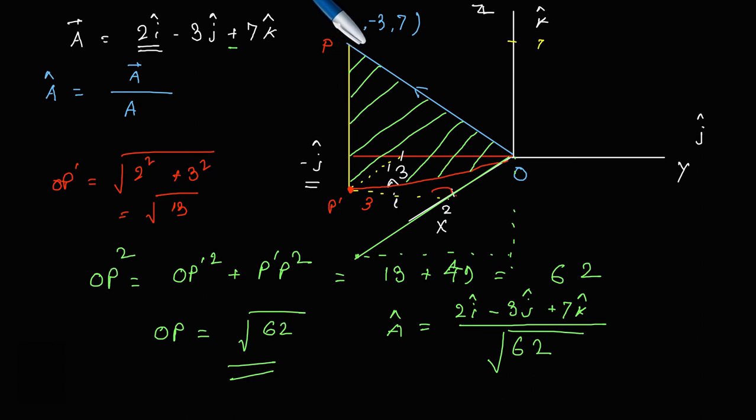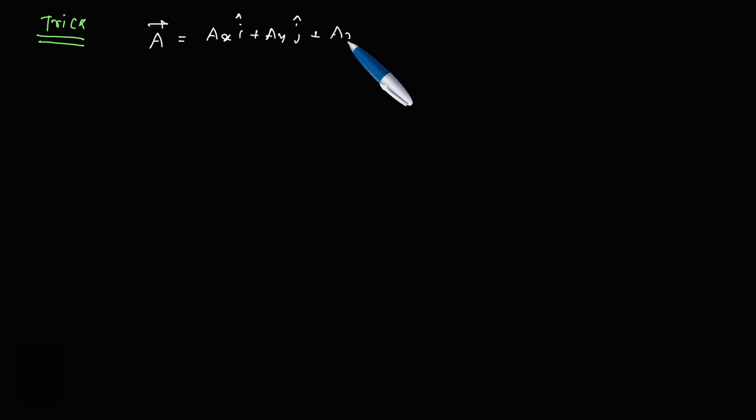So these are basic laws, basic thoughts. I'm giving you a trick to calculate a vector. I know you don't want a trick. So if you write a vector A, you can write it as x i cap plus y j cap plus z k cap. It is hectic, all the time i j k.